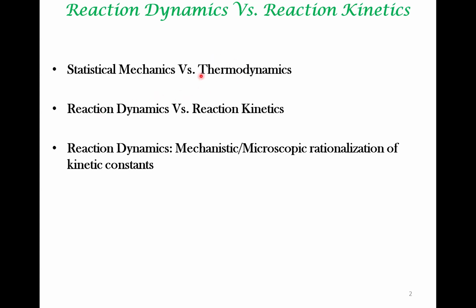So here things are at equilibrium, here things are changing. In statistical thermodynamics, you give a microscopic rationalization for things at equilibrium. In both thermodynamics and reaction kinetics, you're not considering anything microscopic, typically. In both the statistical and dynamics cases, you want to give more microscopic reasons.